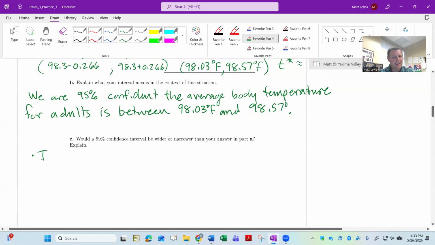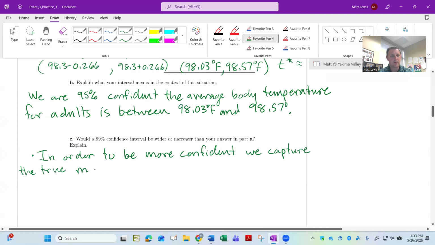We could say something like, in order to be more confident that we capture the true mean with our interval, we should include a wider range of values.